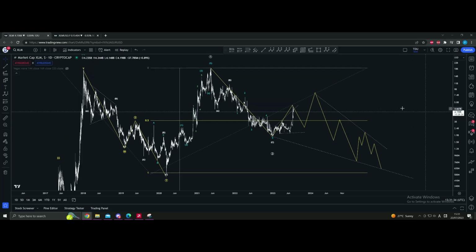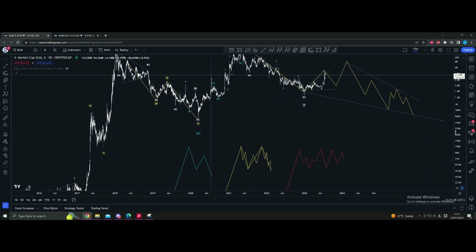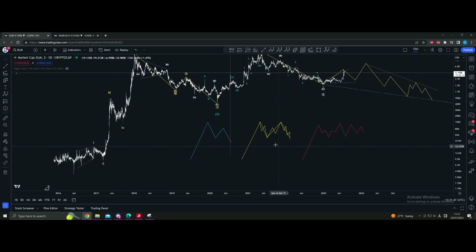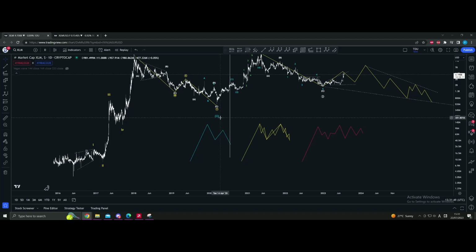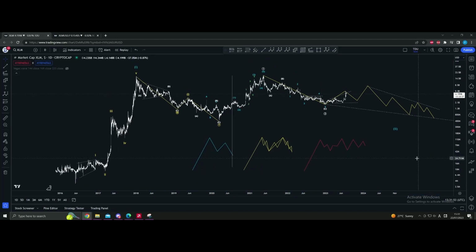So same size as a wave A of a flat, potentially, right? And that would mean that this is going to be our wave 1, and then 3, 3, 5 to have our wave 2 over there. And we just have to move it somewhere here. This is in case the crypto space continues to go sideways and doesn't move much.